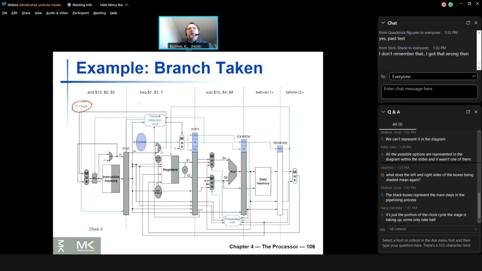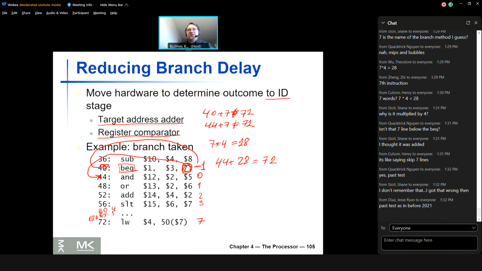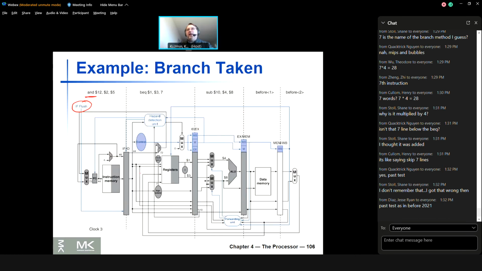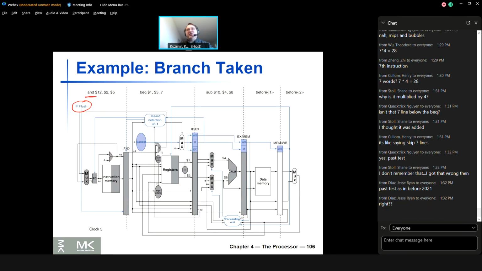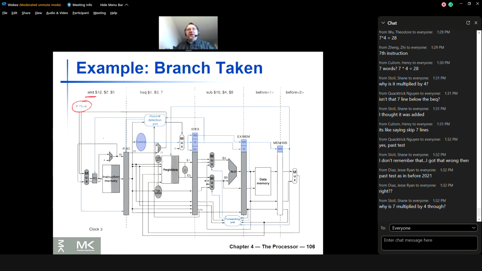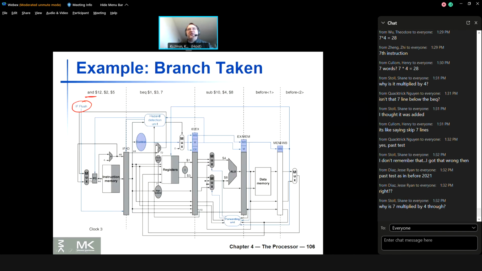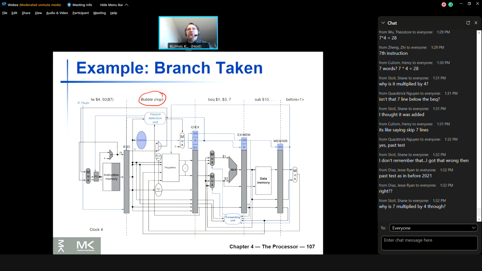This is actually the instruction after our BEQ, so it needs to be flushed. Because it was already fetched, we have to flush it. So there's going to be one bubble, and then the next instruction after that is going to be our correct instruction, our LW, this one.